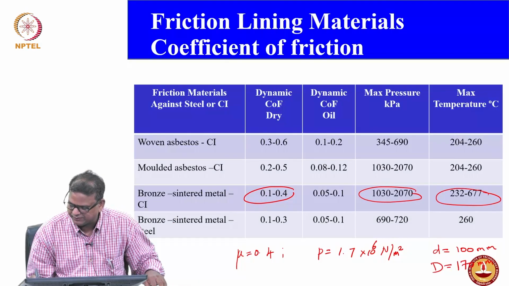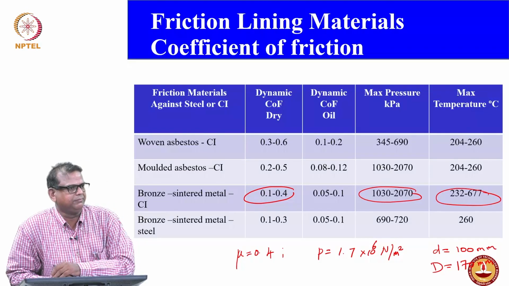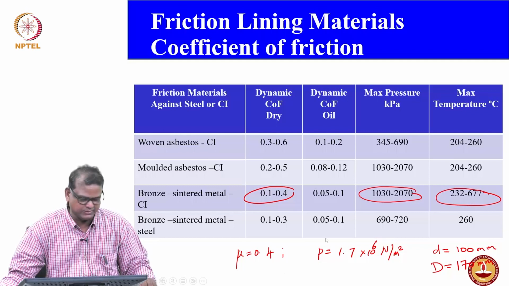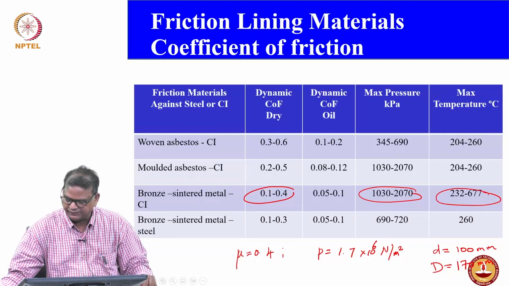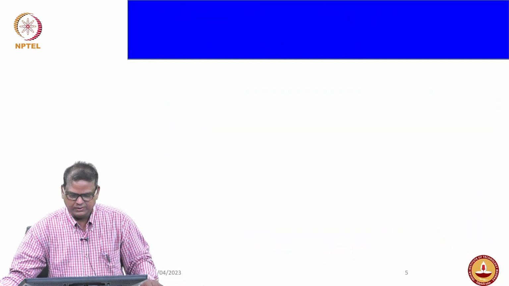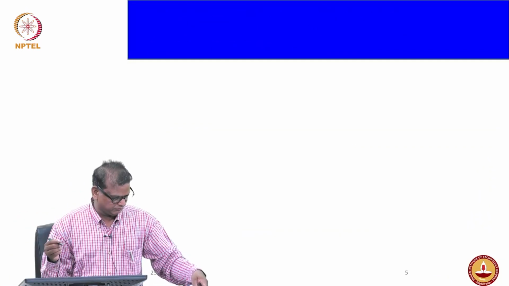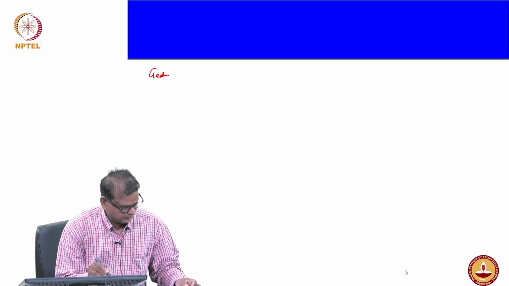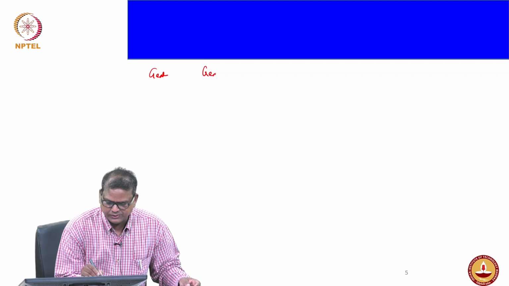So this is what we have done, and we have tried to carry out the velocity table to find the vehicle speed for different gear speeds. That is where we stopped in the last lecture. So, we will continue.